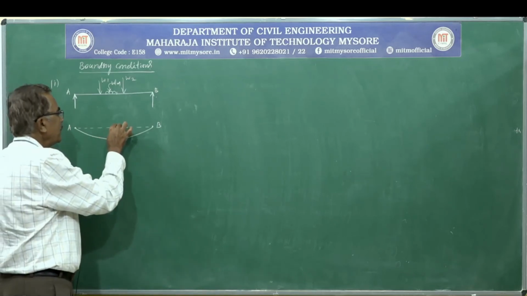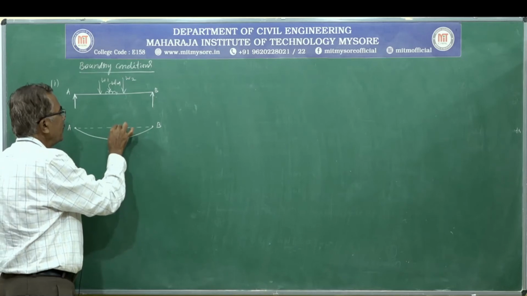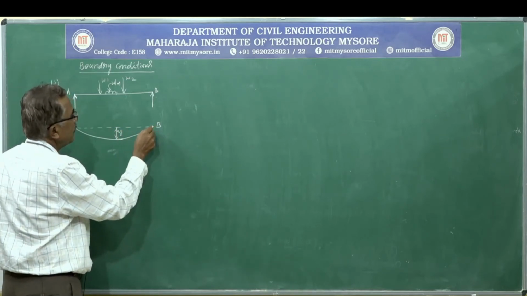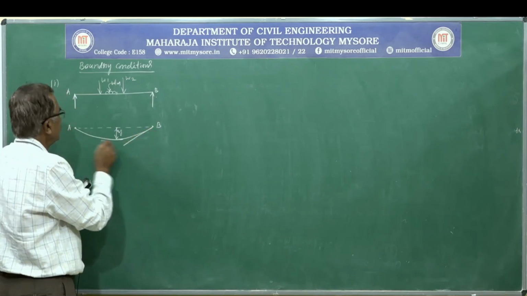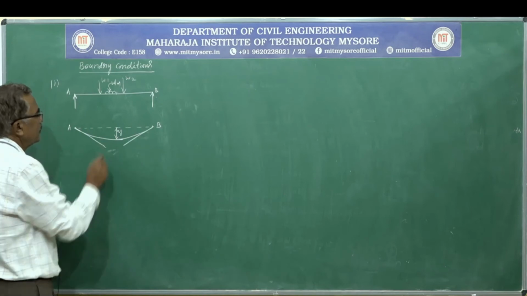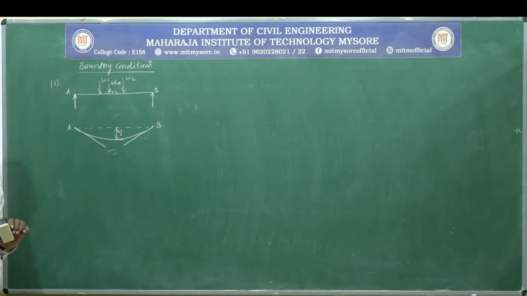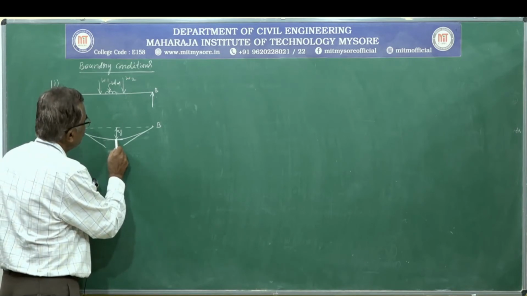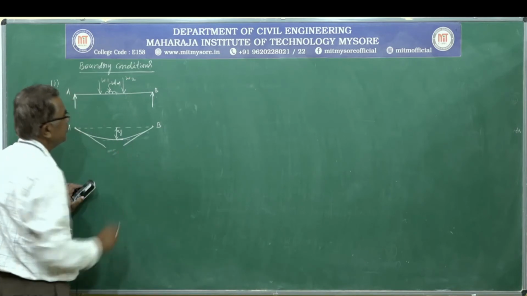So when the beam deflects like this, we can write the value, this is y, and we can also draw tangents at the ends. So this is called rotation. We can also draw a tangent here horizontally.